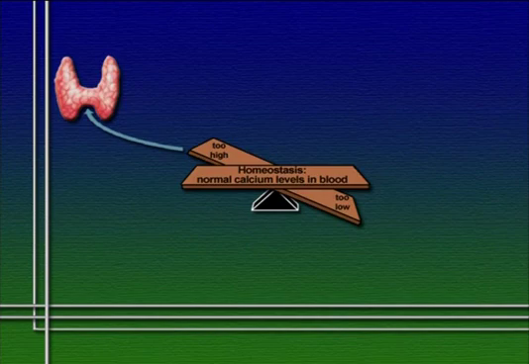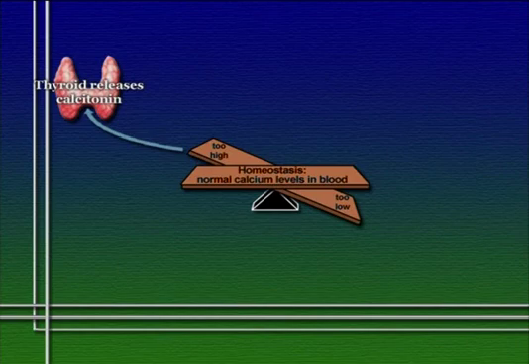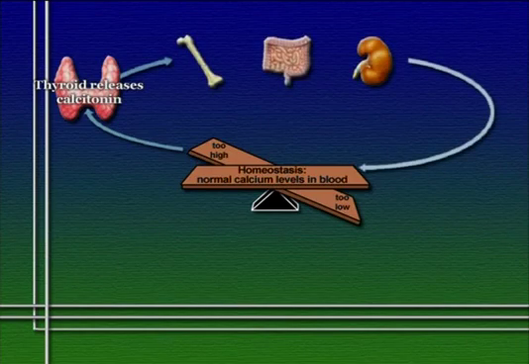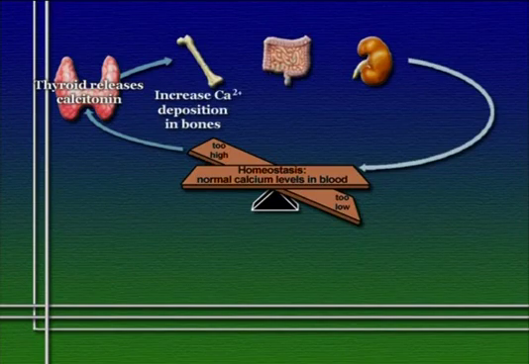There are two different kinds of hormones that are involved in this regulation. The thyroid gland produces a hormone called calcitonin. Calcitonin acts to reduce the level of calcium in the blood through its action on a number of different effectors. For example, calcitonin causes bone cells to increase the rate at which they deposit calcium within themselves.